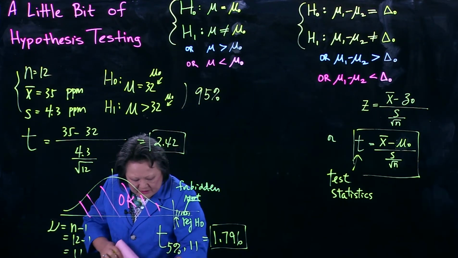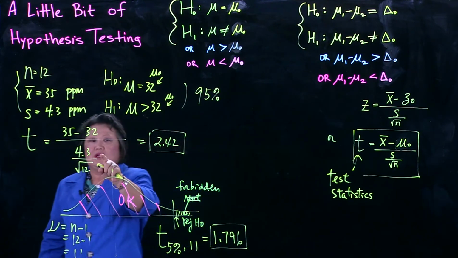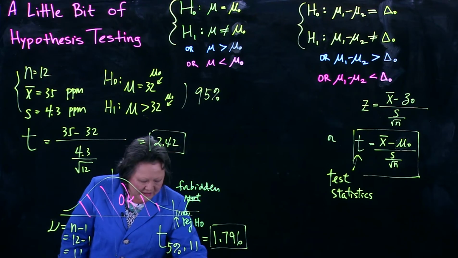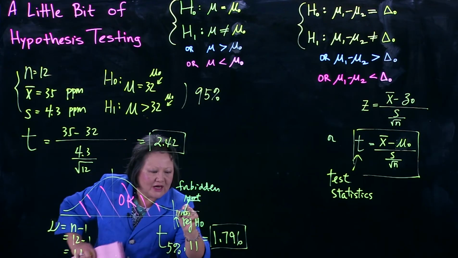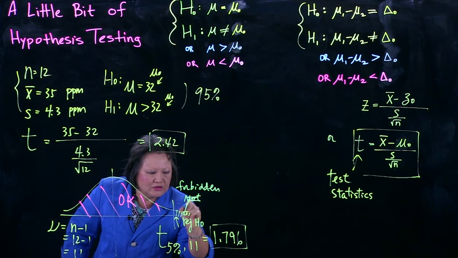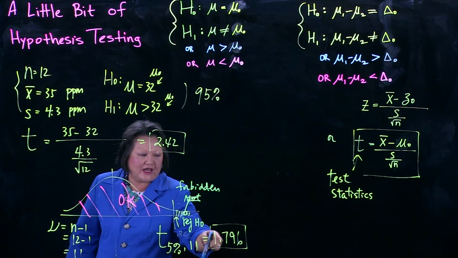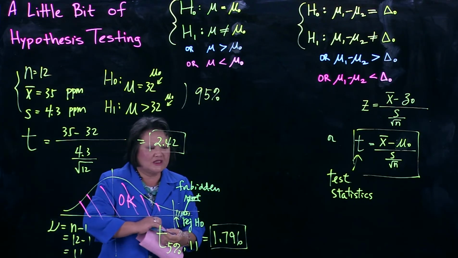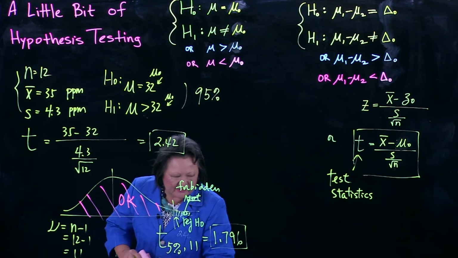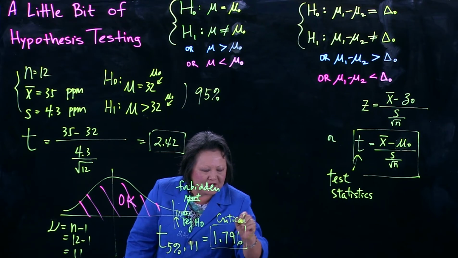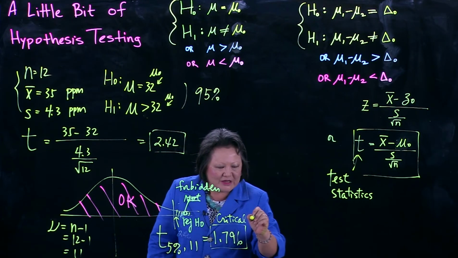So here comes the moment of truth. What do we have? This is 2.42, and I'm comparing with this. It's right here, 2.42, which is larger than this critical value. We call this the critical value. By the way, don't worry about so much terminology unless you want to really appear fancy. Anyway, this is called the critical value.